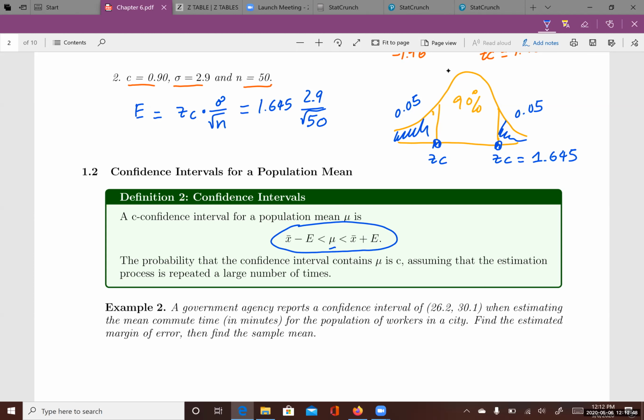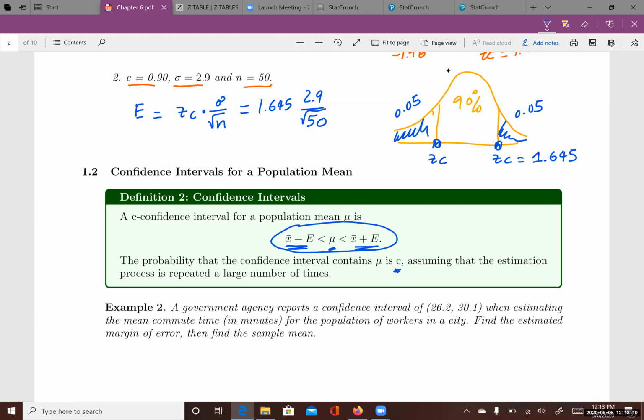Mu here is a population parameter, the mean of the population that we're estimating. X bar minus E is the lower bound of the confidence interval. X bar plus E is the upper bound of the confidence interval. So the probability that the confidence interval contains mu is c. So c is a confidence level, a probability, right?